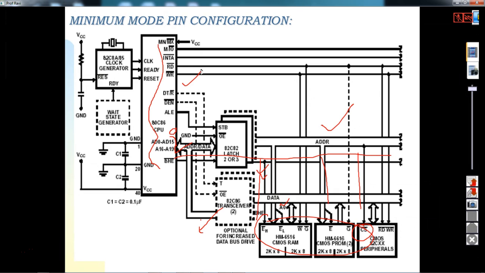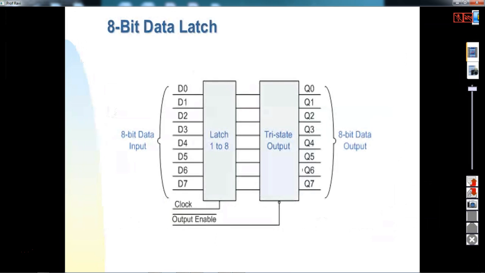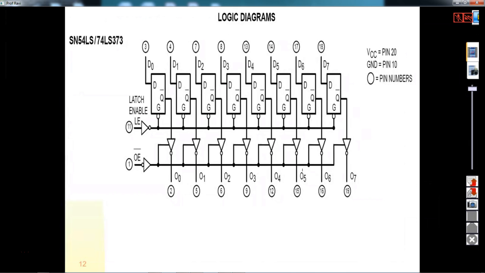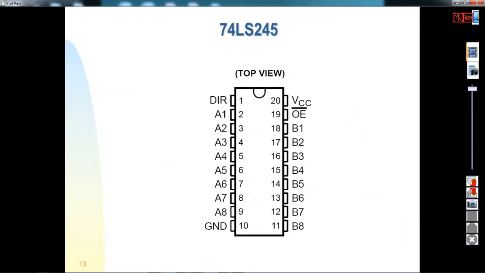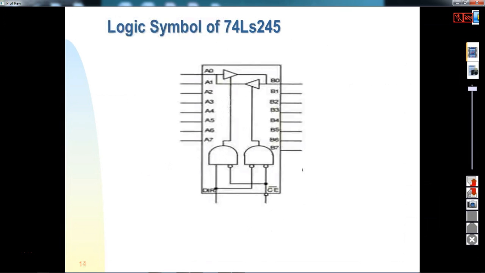the 8086 processor. If you look at the buffer IC configuration, this is what the 74LS245 is. And if you look at the internal diagram, this is the buffer. A buffer connects your input with high input impedance and low output impedance.